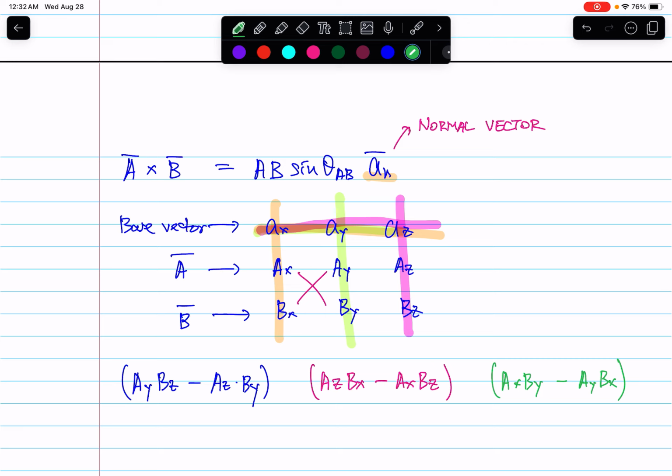And the unit vector still survives, so this would be ax, these are all hatted, and this is ay, and this is az. Okay, and you add all of them together.